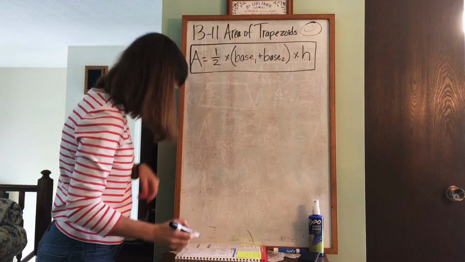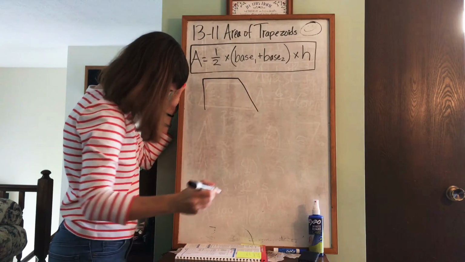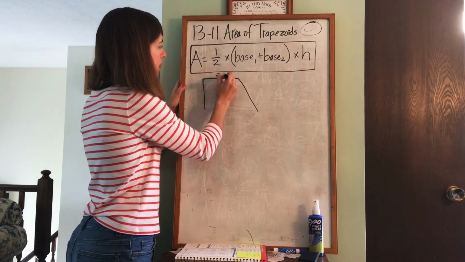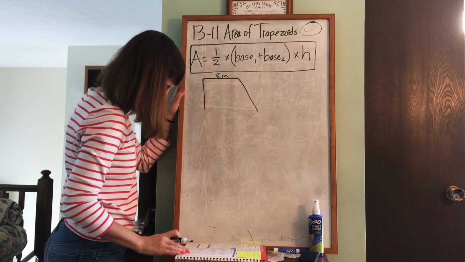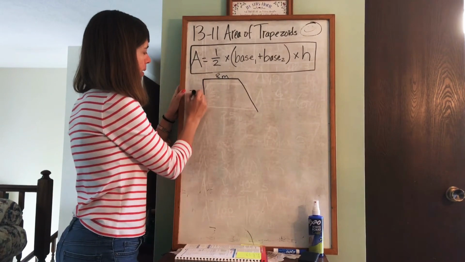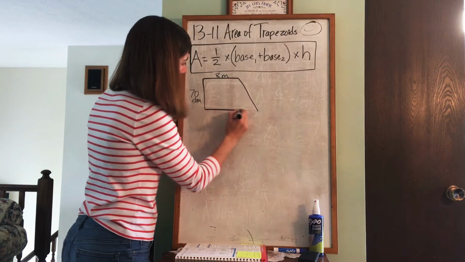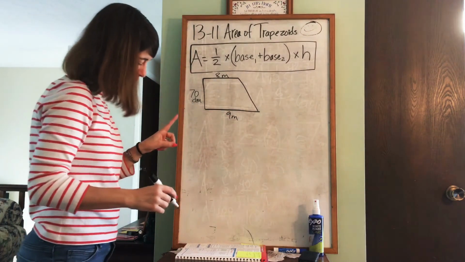Okay, so our next figure, the other example at the bottom of page 468, is 8 meters up here, and we've got a line that connects, and this is 70 decimeters, and then we've got 9 meters. Okay, so this is a little tricky because you have to convert.